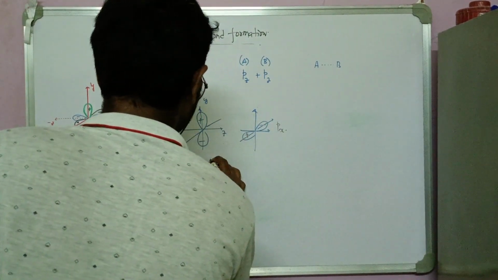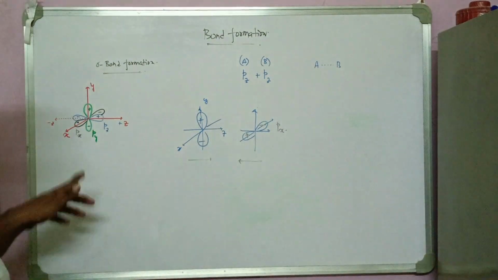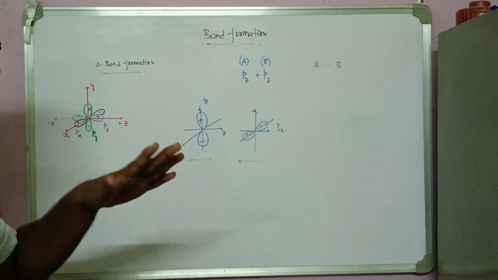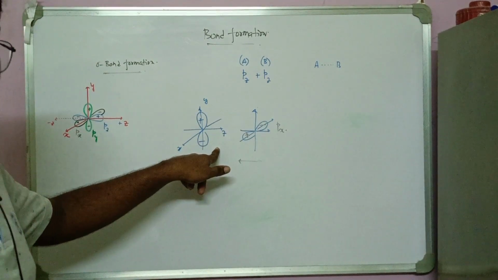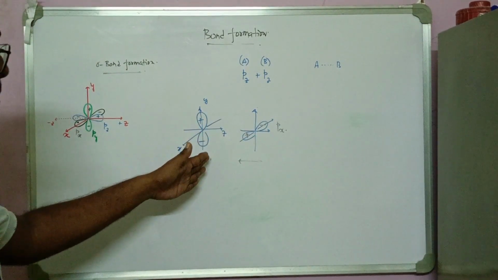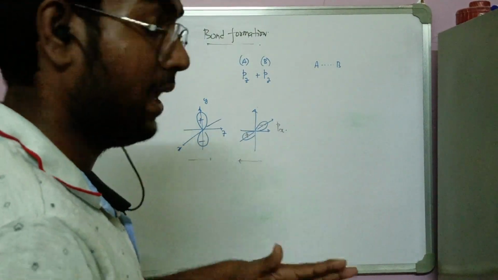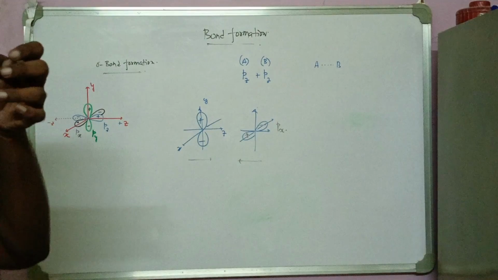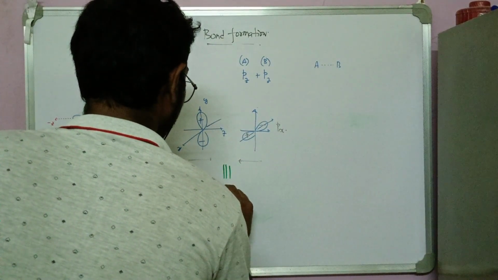Now if they come closer to each other, what type of bond are they forming? Because you know that px, py and pz are perpendicular orbitals. So there will be no overlap, because the electron density for py is lying over the y-axis, but the electron density in px is lying over the x-axis. So if they overlap with each other, there will be no overlapping.